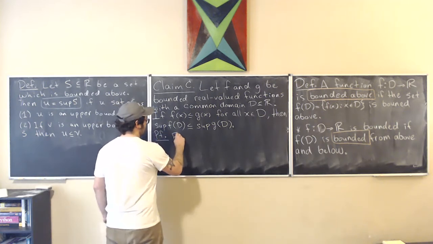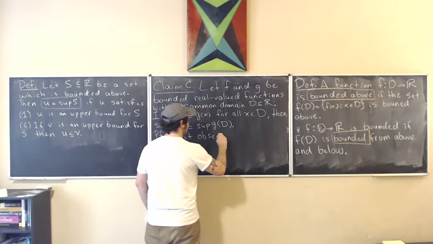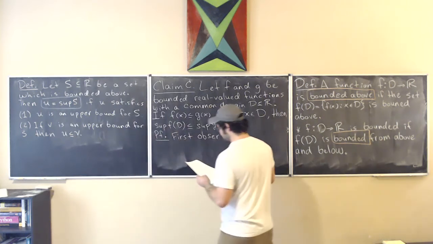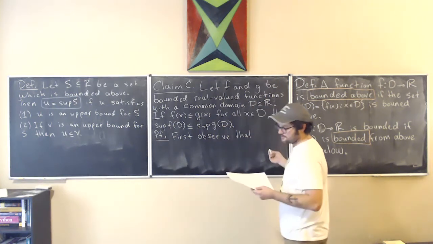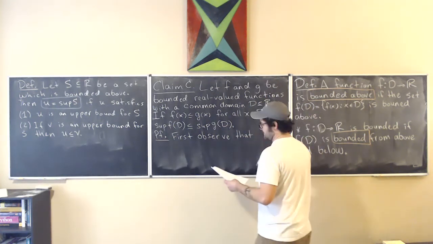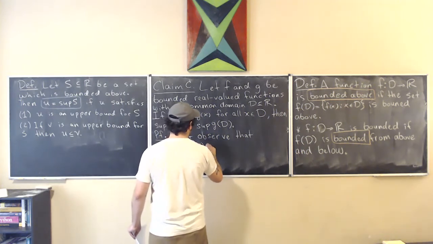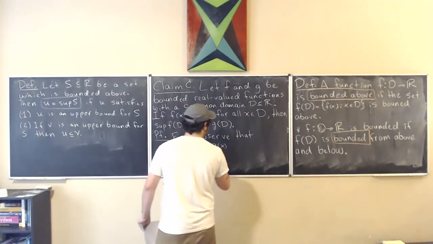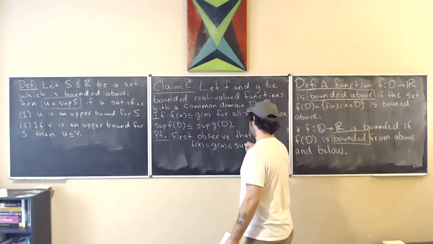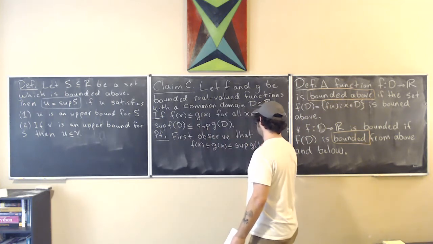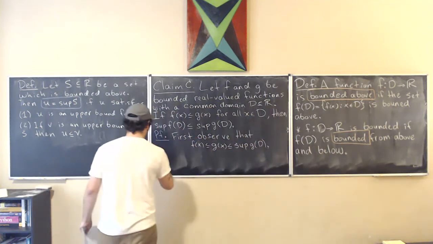So first, observe that for any choice of x in D, we have that f of x is at most g of x. And since g is bounded, it has a supremum.